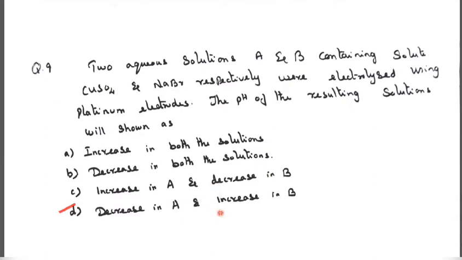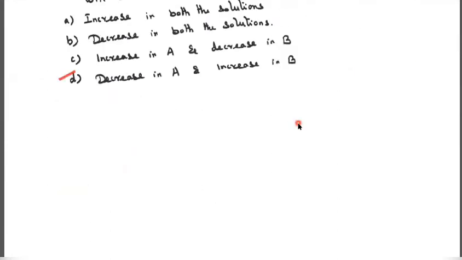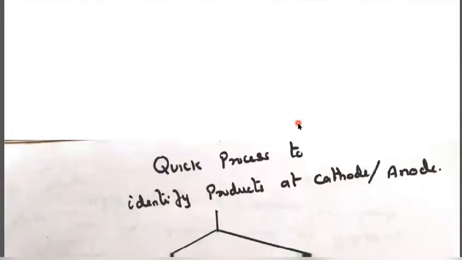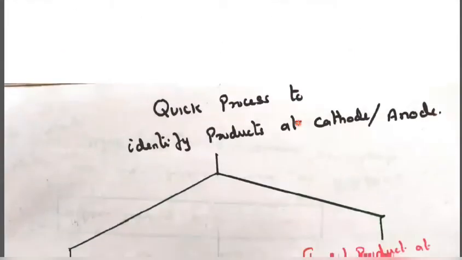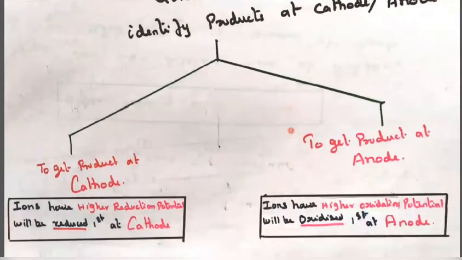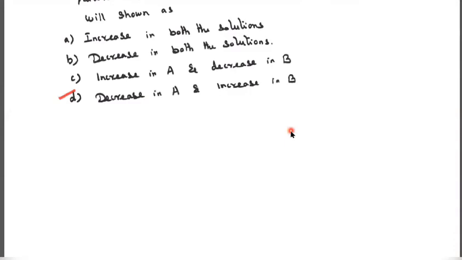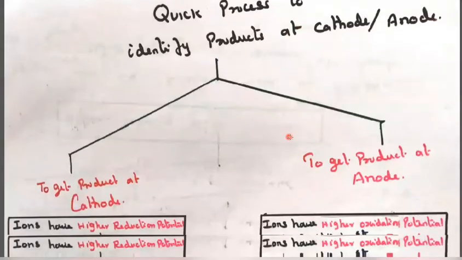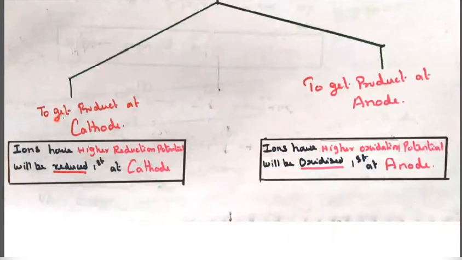First of all, we should know what the electrolysis of copper sulfate and sodium bromide gives. There is a quick process to identify the products at the cathode and the anode. To get the products, we should remember these key points.